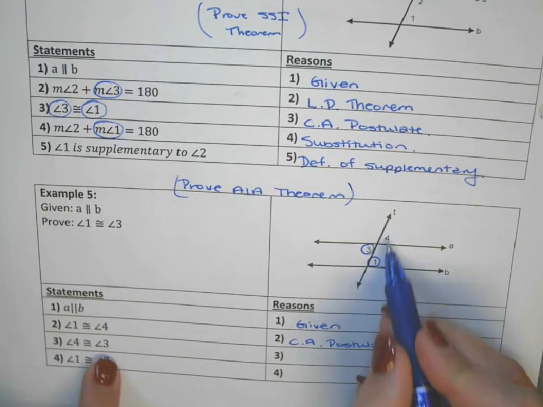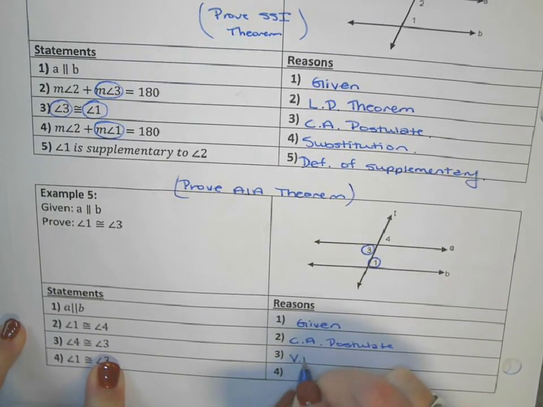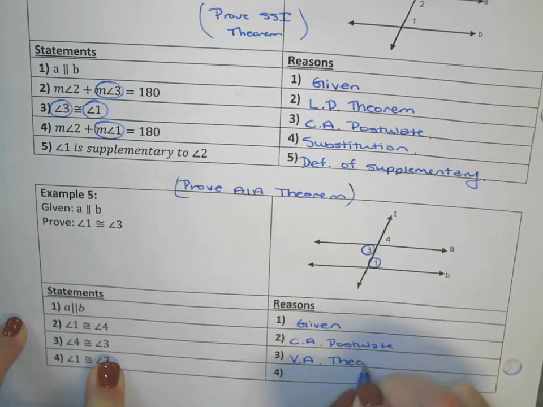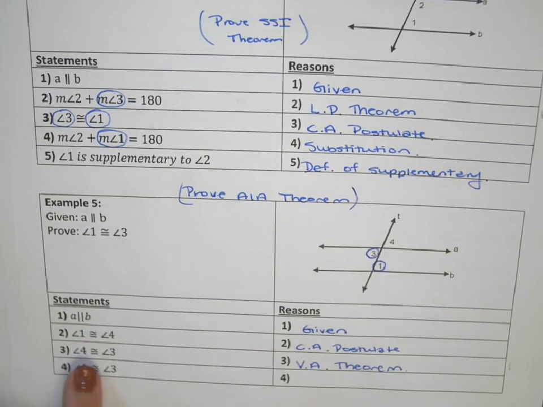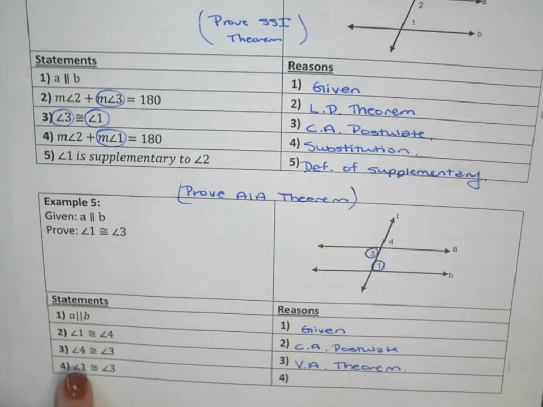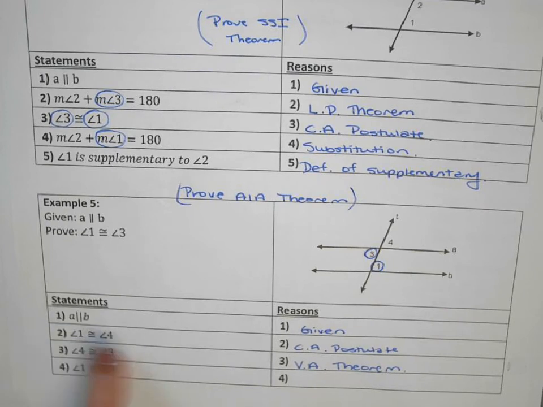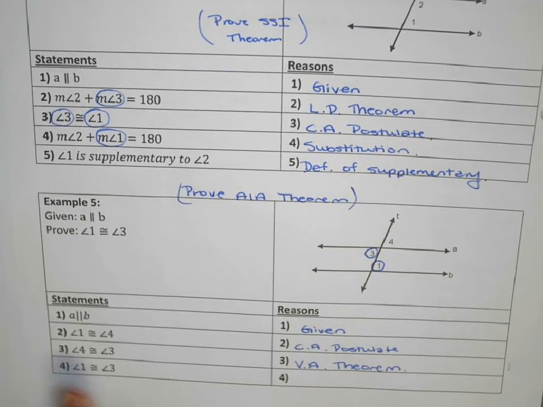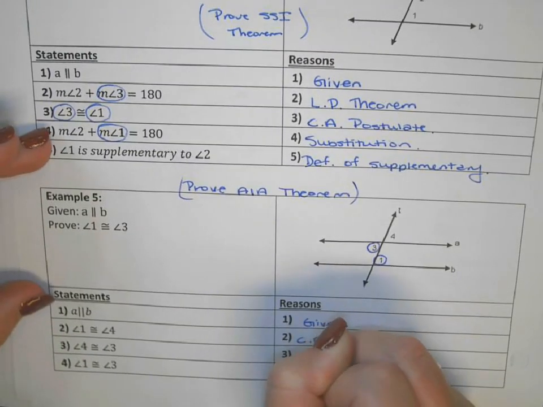How do you know that 4 and 3 are congruent? Vertical angle theorem. How do you know if 1 is the same as 4 and 4 is the same as 3, then 1 is the same as 3? Substitution, or in this case, you could also use transitive property. 1 is 4 and 4 goes to 3, then 1 goes to 3.